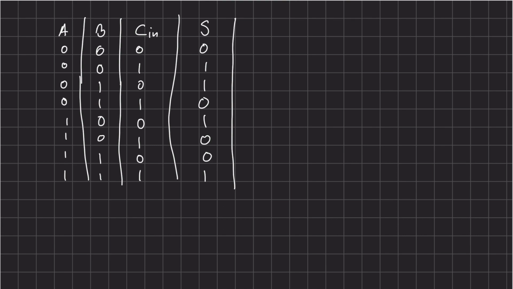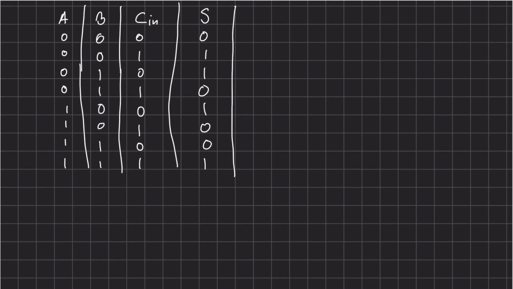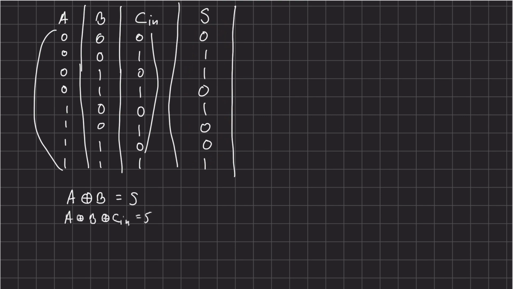Now, what we will realize is, in fact, that at the start we had A XOR B equal S. If I look carefully at this and the output here, what we will realize and we could prove is that A XOR B XOR C in is S. And the way we can see it is that if you look here, this is the definition of an XOR.